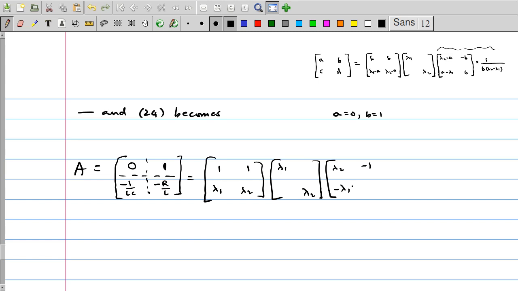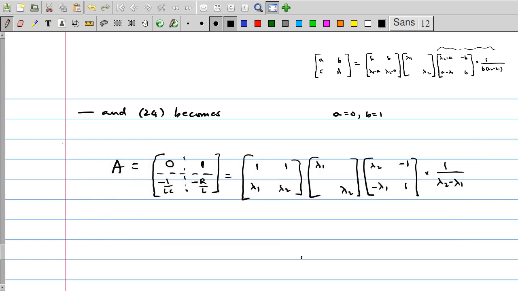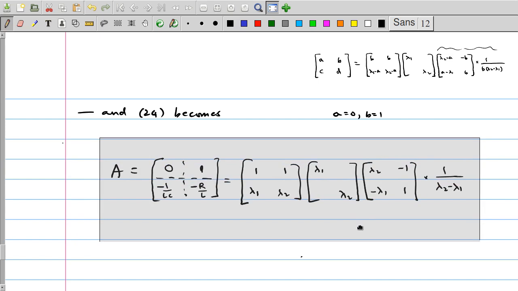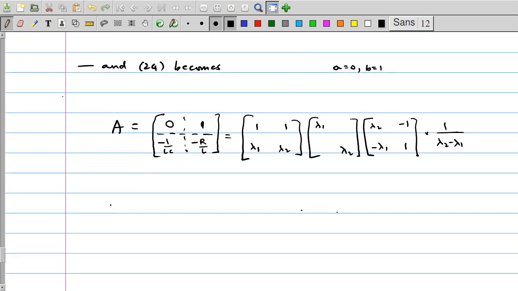Minus lambda 1, and then again 1, right? And then we mustn't forget the determinant, that was lambda 2 minus lambda 1. Okay, splendid. So you got this, and this should be number 26. This is also worthy of boxing.